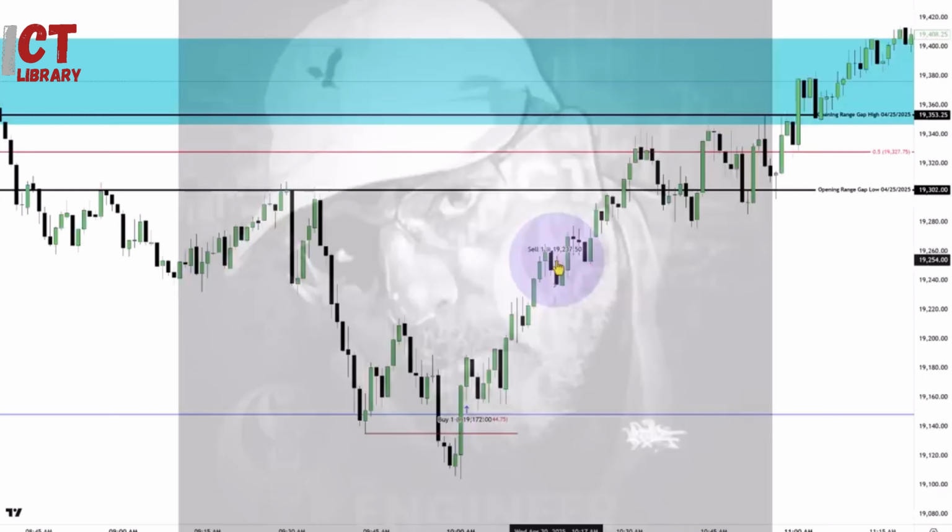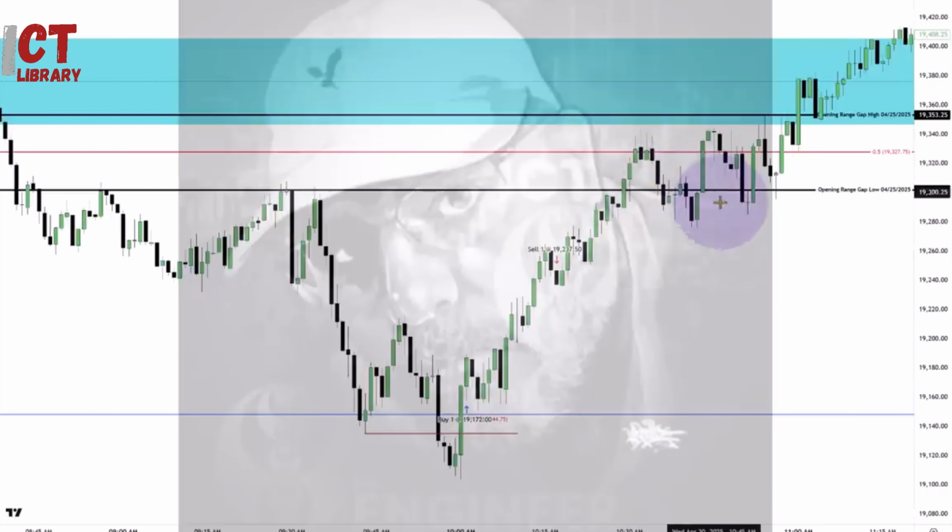There's no real reason for anything except I didn't follow what I was setting out to do, and I was wanting to showcase it to you all here. So this is me not following the outline I set for all of you, but still, nonetheless, it's fun to see. And ultimately, it goes above the 19,300 and these highs in here.